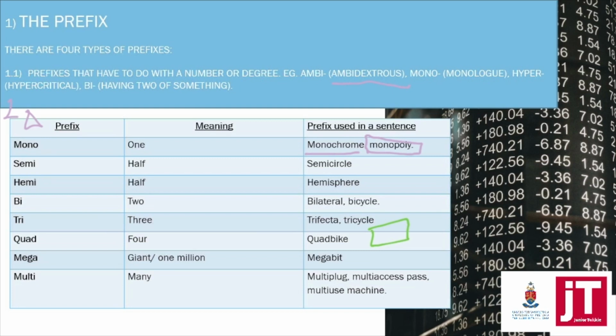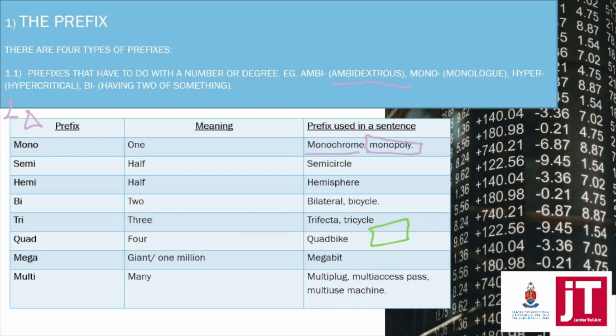Okay, mega, mega is giant or 1 trillion. So if you've got a megabyte of something, that was quite a lot back in the day, I believe. But yes, Megatron, I think that was in one of the Transformer movies, means that it was just a giant robot. Okay, anyway, multi means many.